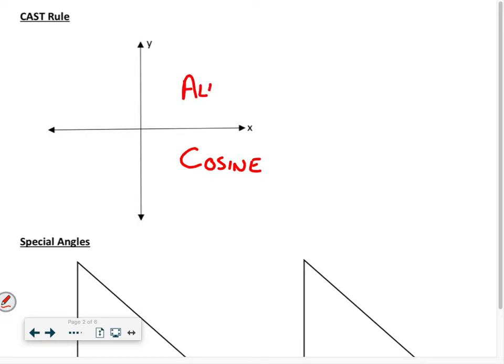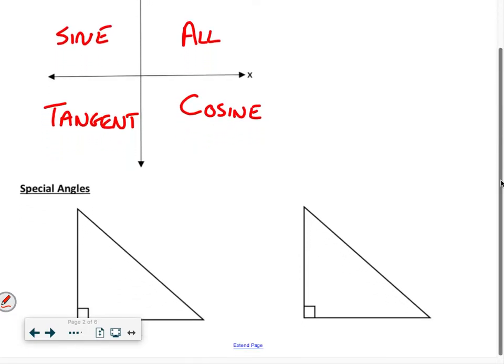Then we have all of them positive there. Sine is positive there, and tangent is positive here. So with sine, we'd have cosecant, and with tangent, we'd have cotangent. They're all going to be positive with their reciprocal function. All right, and that's important for a little bit later.